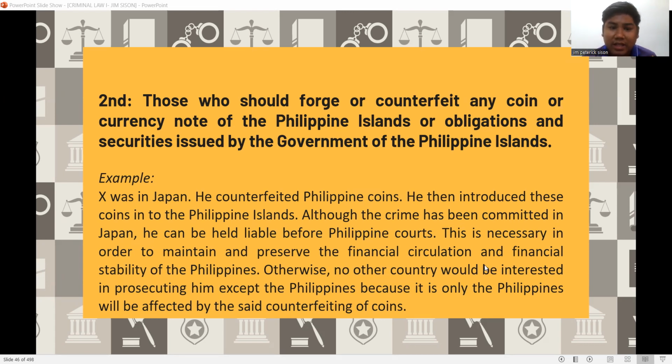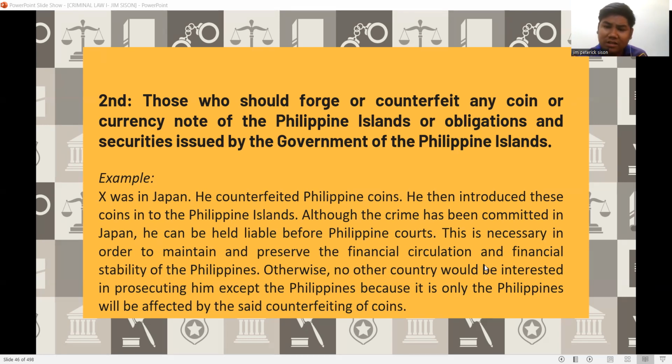Definitely, the answer is yes, he can be held liable before the Philippine courts. This is necessary in order to maintain and preserve the financial circulation and financial stability of the Philippines. Otherwise, no country would be interested in prosecuting him except the Philippines, because the money he counterfeited is Philippine coins or Philippine money.